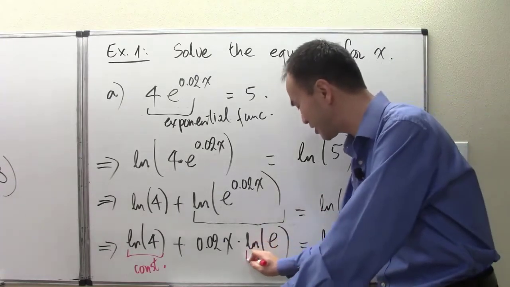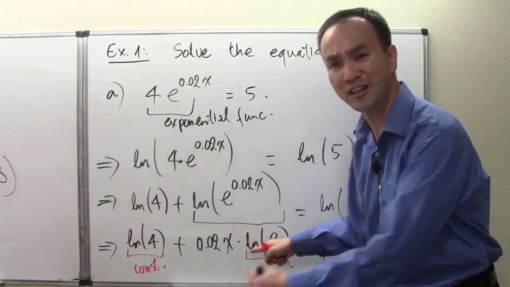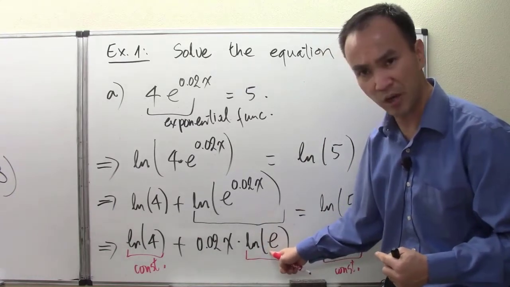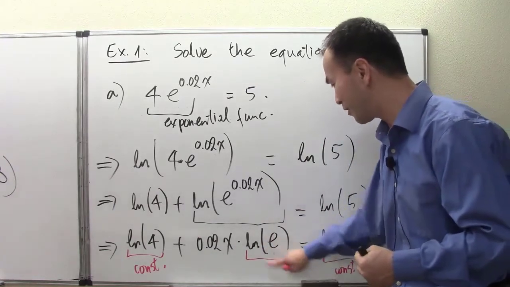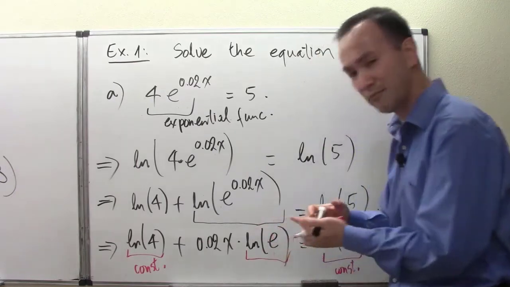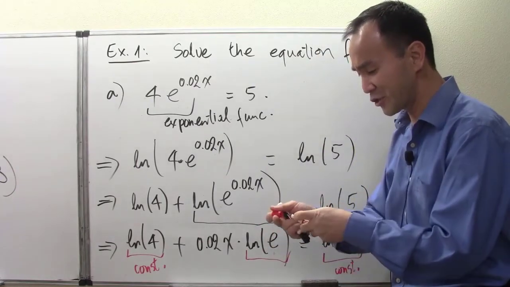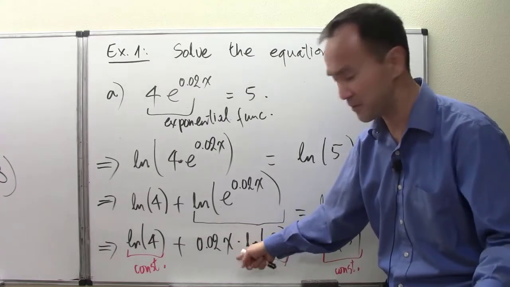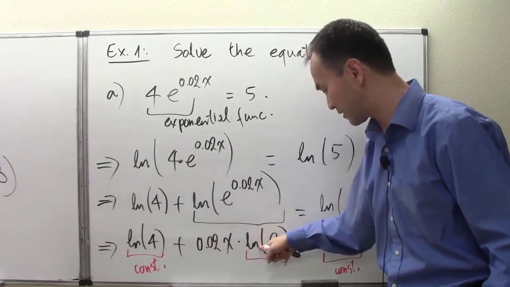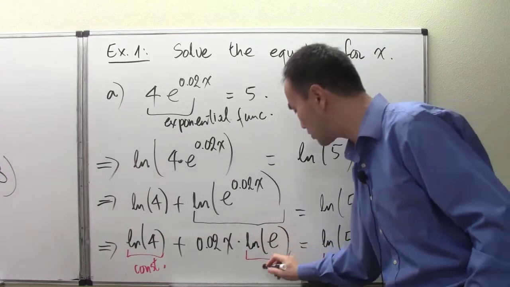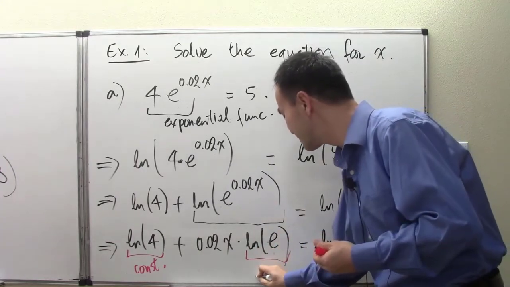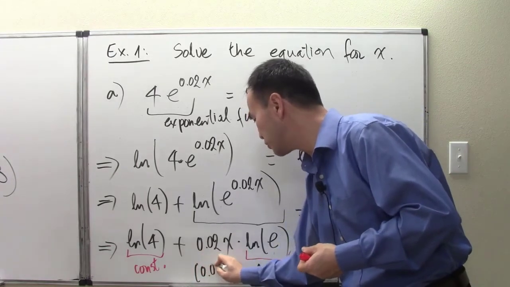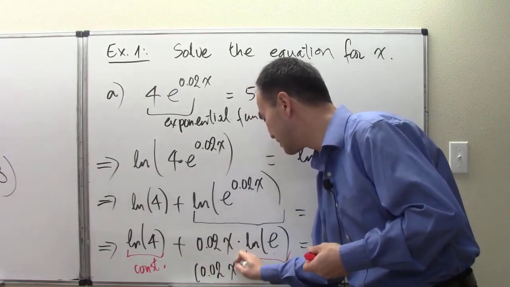But this is just a coefficient. And by the way, natural log, log base e of e. We've learned from that property that log base e of e equals 1. So that middle term that looks troublesome at first shrinks down, because the natural log of e equals 1, and then all we have is just 0.02 times x times 1.